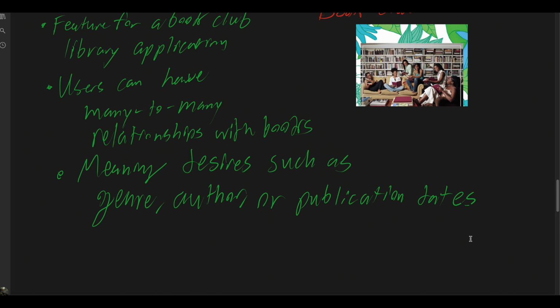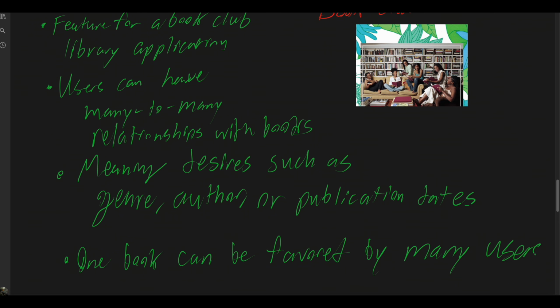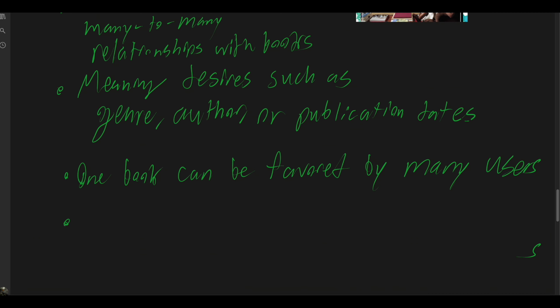So what we need to do is that one book can be favored by many users and one user can favor many books.